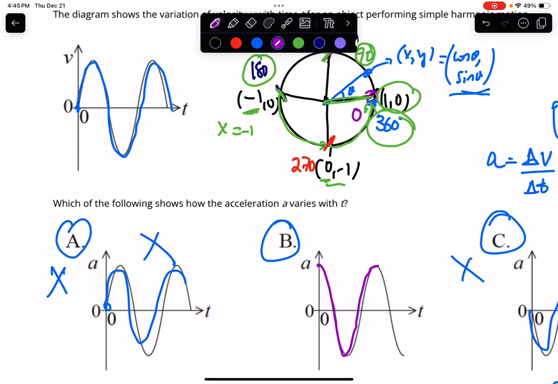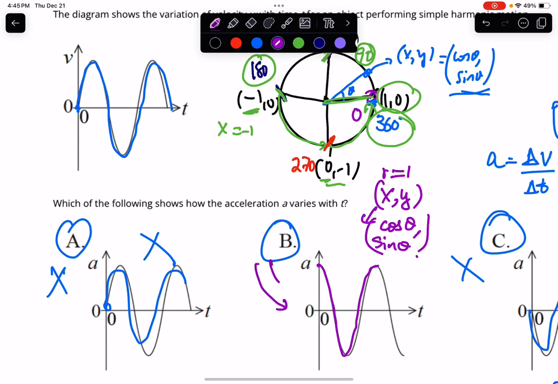We know that the values of x, y on a unit circle of radius 1 correspond to cosine of theta and sine of theta. So based on this, we can recognize these functions. So that's how we would be looking at it.